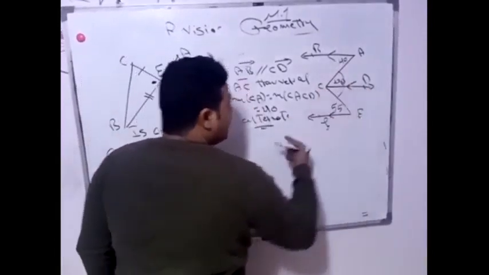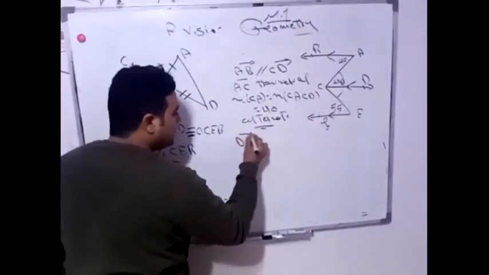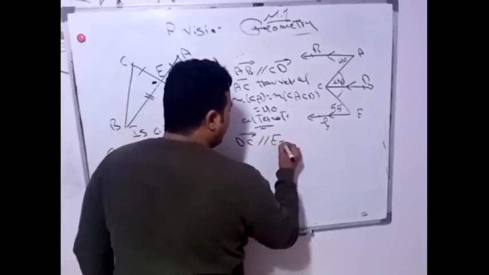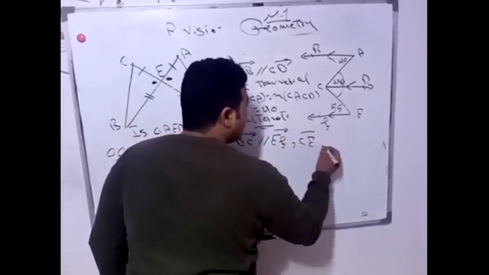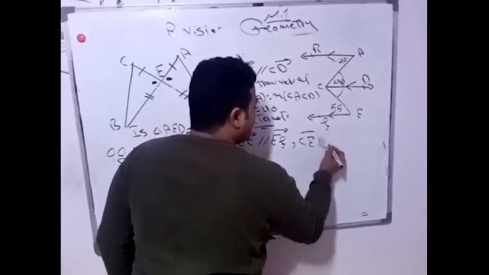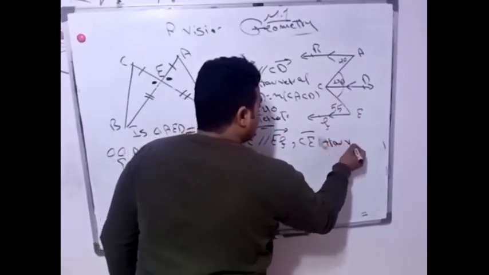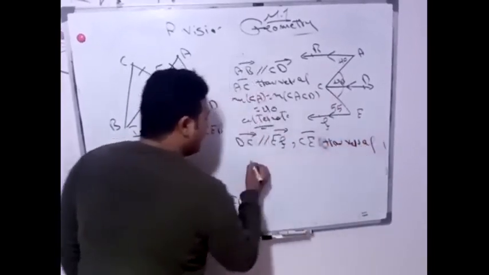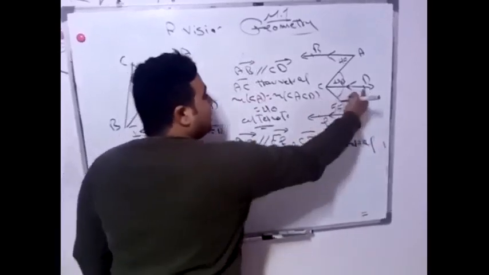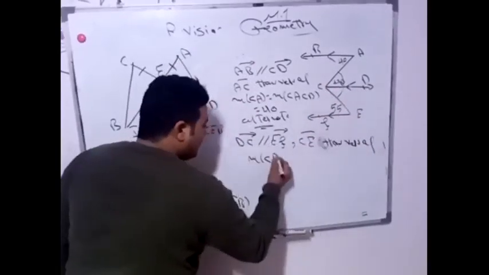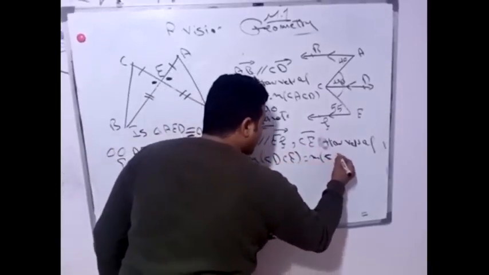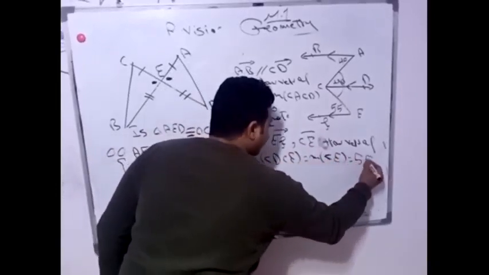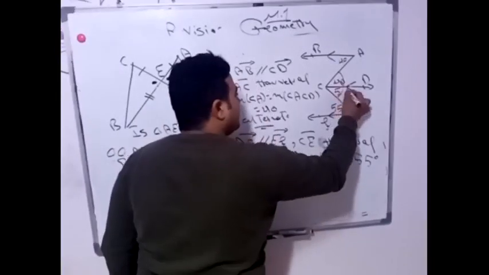Another Z here: we have DC parallel to EF and CE transversal. So we have measure angle DCE equal to measure angle E equal 55 degrees. So 55 here, 55.